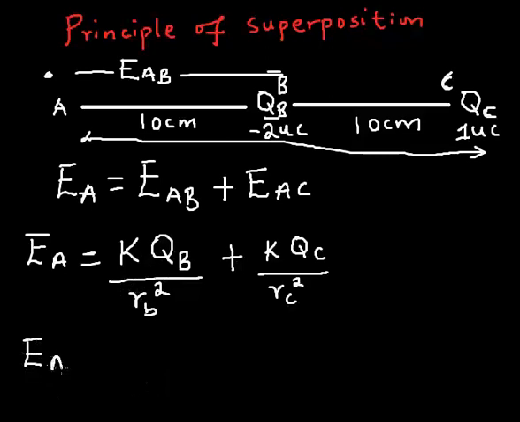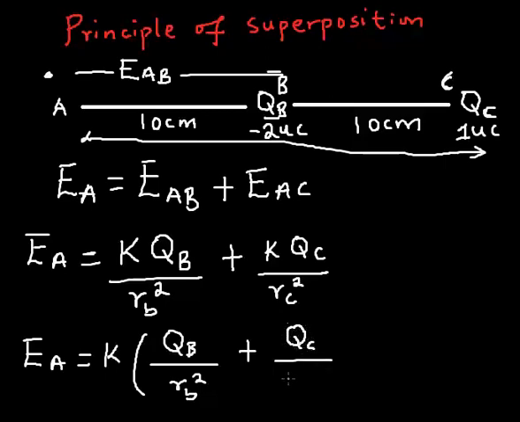EA is going to be equal to, since K is common, I can factorize K out. I'll take K out and I'm going to have QB divided by rB square, then plus QC divided by rC square.